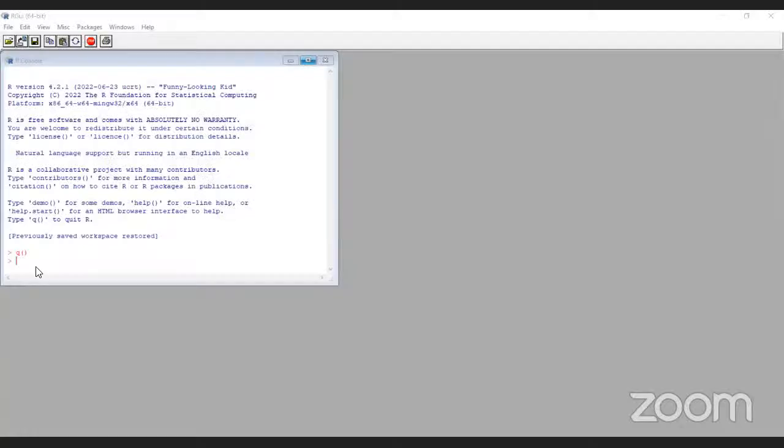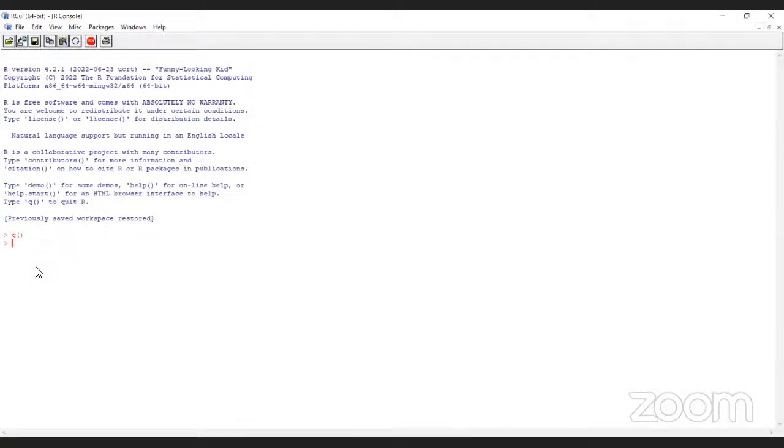Then you can check whether it is there or not. So what I tell you, LS. LS means list. Opening bracket, closing bracket. Enter. Okay, so all the data are there. Right? So you have not lost anything. Okay.